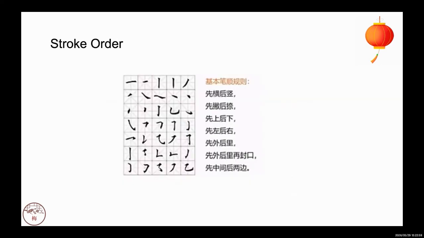So, how do we eventually write a Chinese character? If we already know every stroke, either it's a basic stroke or it's a compound stroke, how do I start? How do I end? Yes, we do have answers for that question.